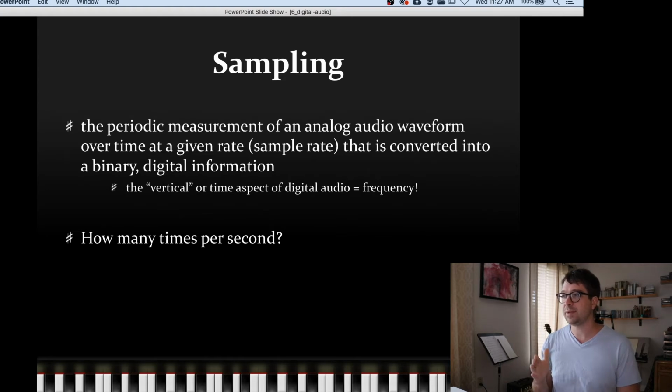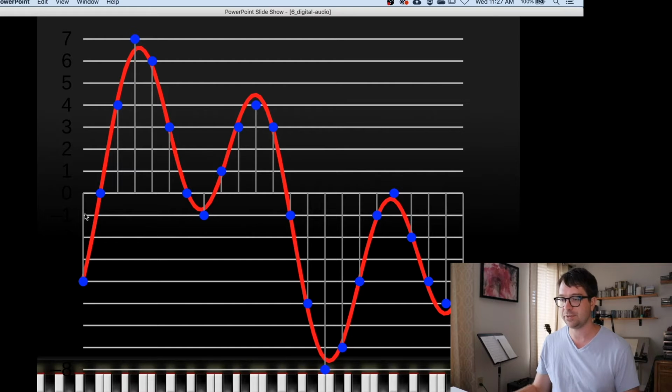Periodically means it's basically even, at a given rate, and we call that rate a sample rate. Another way to understand this is the horizontal aspect of digital audio, or time. Okay, so here's our wave, and we measure it at a consistent rate over this time. So let's say this whole thing that I'm looking at is 1 second.